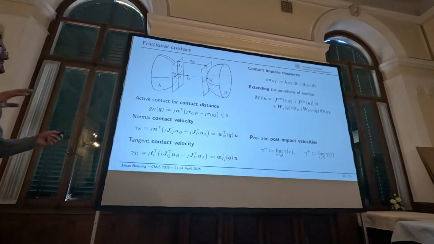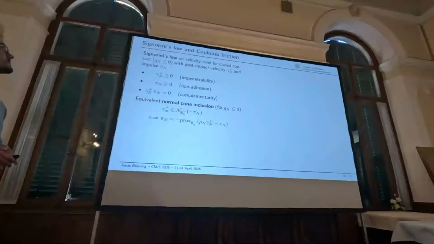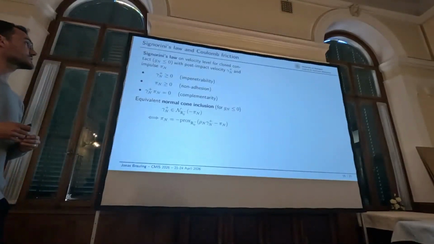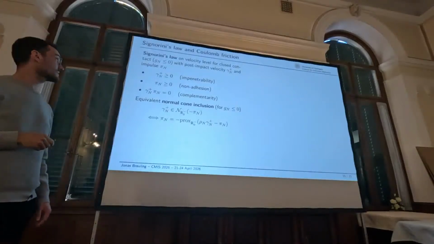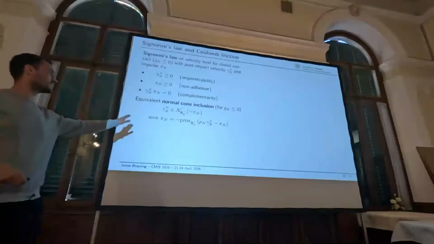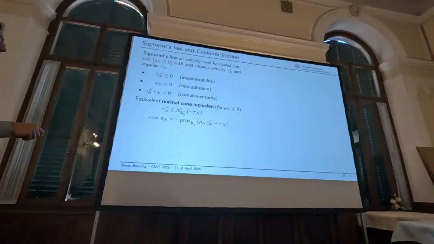And with these kinematics, at least on the left-hand side, we can now enforce some laws, like Signorini's law and Coulomb friction. For Signorini's law, we do this on velocity level, so we only state this for closed or penetrated contacts, and then this inequality complementarity is imposed on velocity level. This can be written by a normal cone inclusion or equivalently by a projection equation, and this is what we will use a lot.